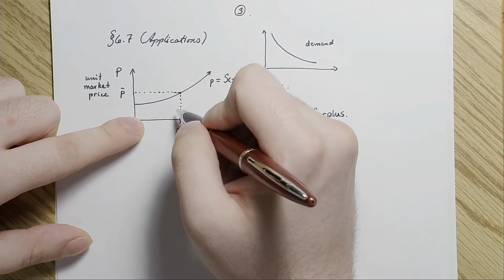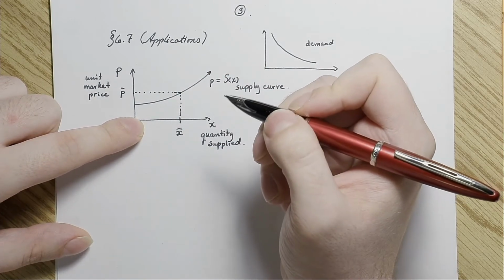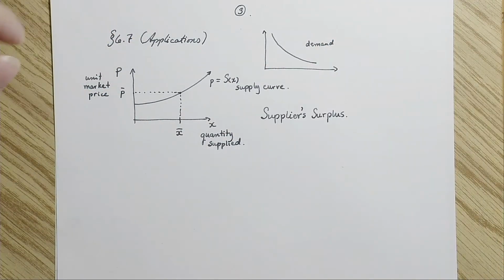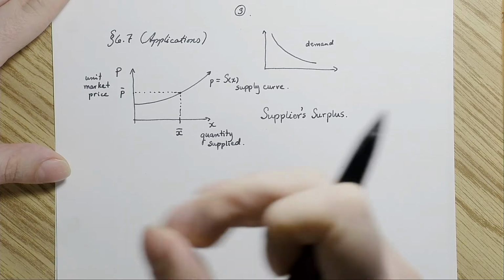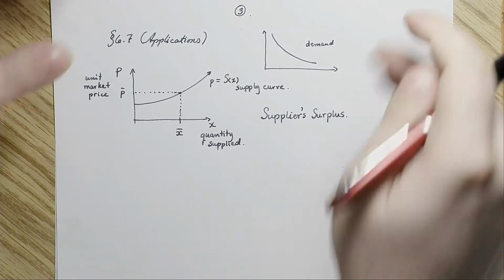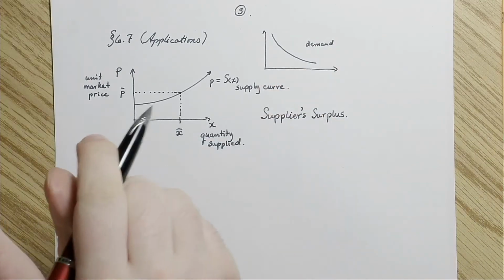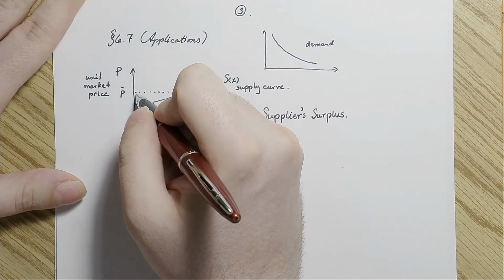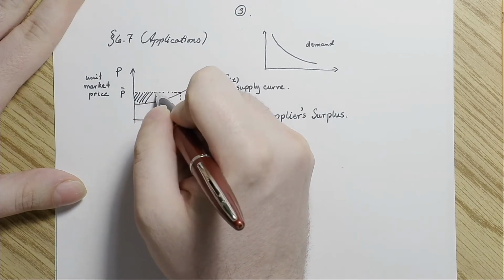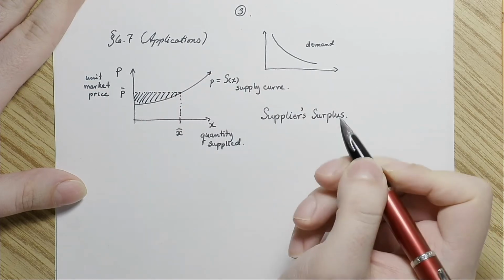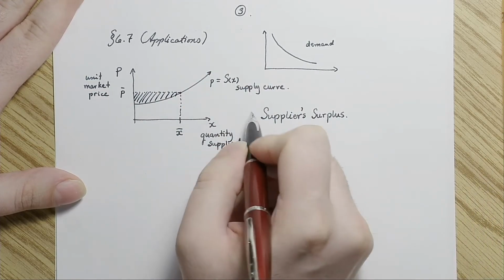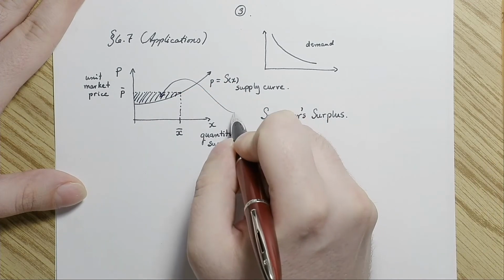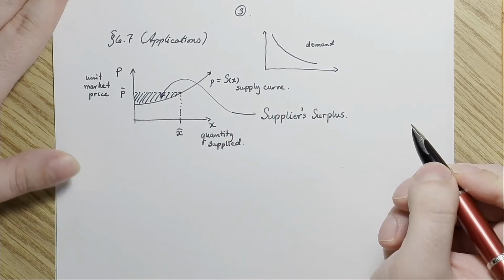So in here is the consumer demand, or the consumer consumption, or whatever. And the supplier surplus is in here. This is the stuff that isn't sold. It's this area in here that's called the supplier surplus.